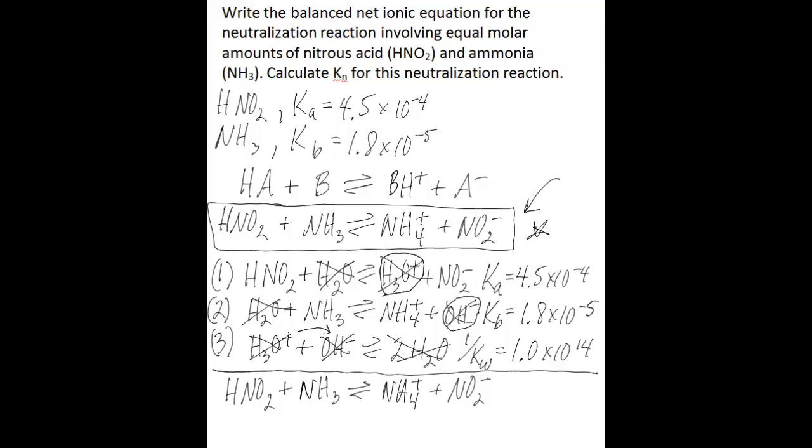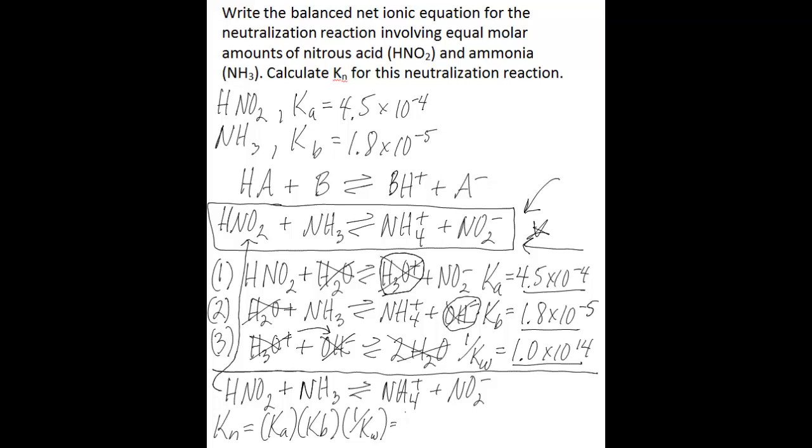Now that we have ensured that adding up these 3 reactions will indeed give us the net ionic equation that we've identified, we know we can use their K values and multiply them together to find the Kn value for this neutralization reaction. So we can say that Kn will be the product of all 3. So it will be Ka times Kb times 1 over Kw.